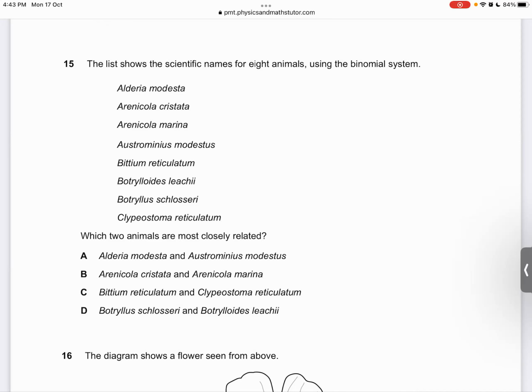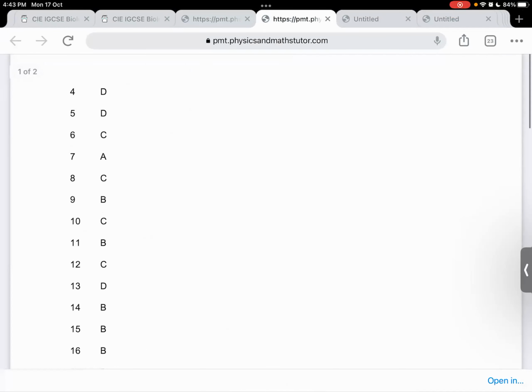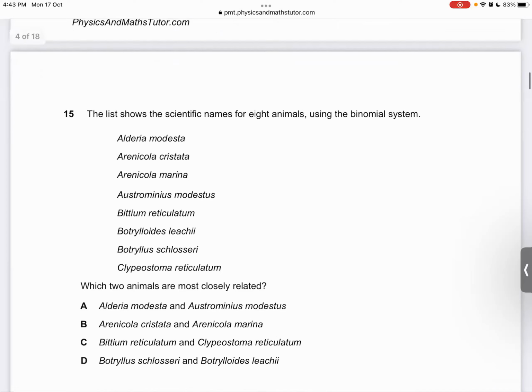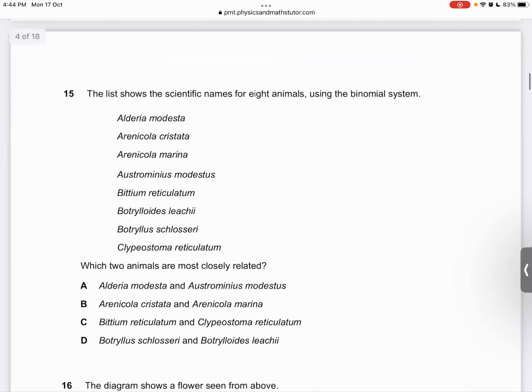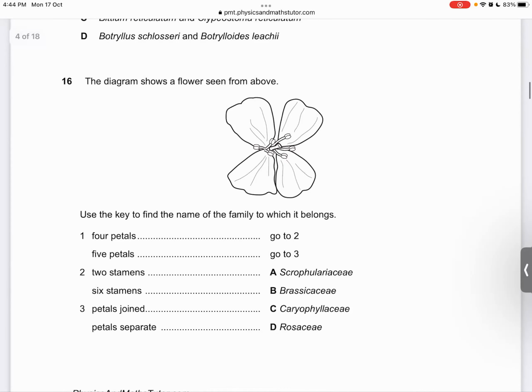But still, let me just confirm. This is MCQ number 15. 15 is B. I hope ये यही वाले MCQs हैं. 15B. Yeah, it's B. अच्छा, it's B. Okay, fine. Maybe I was confused.